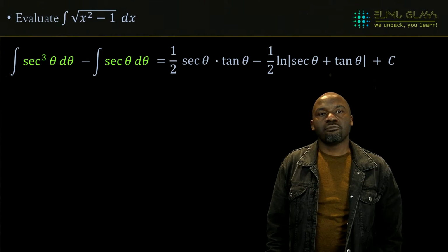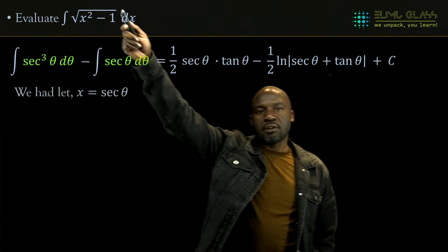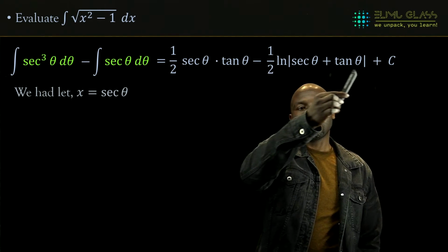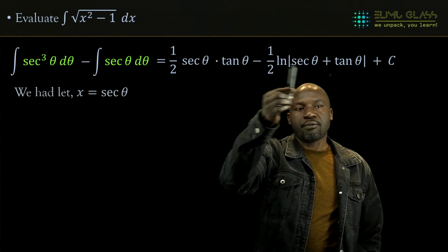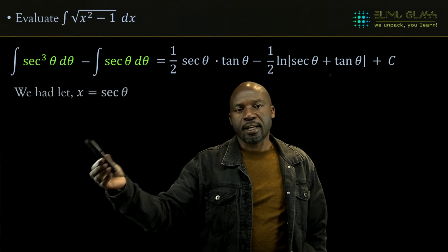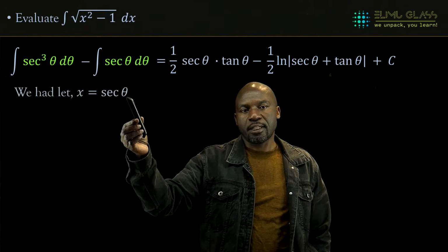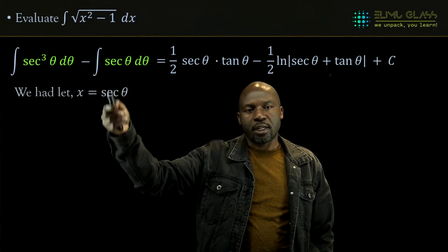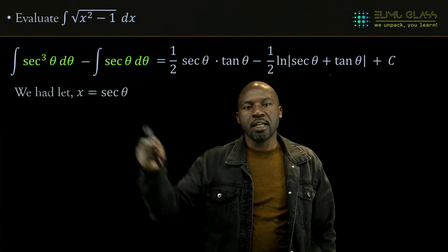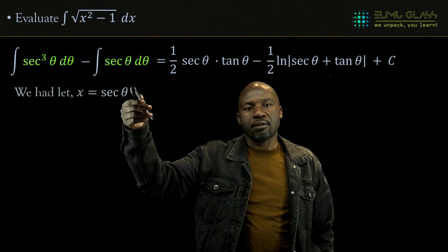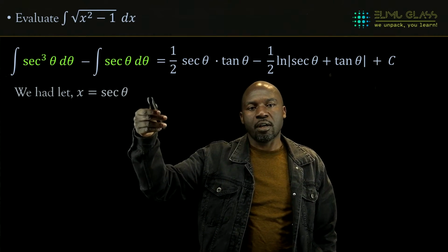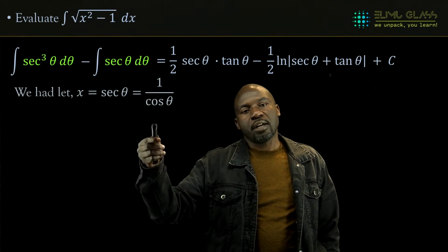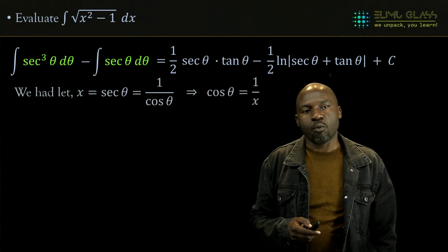This therefore is the integral, except that our variable is still in terms of theta, so we need to change that from theta to x. We had let x be secant of theta, and secant of theta is the same as 1 over cosine. So if x is 1 over cosine, that is to say that cosine of theta is in fact 1 over x.